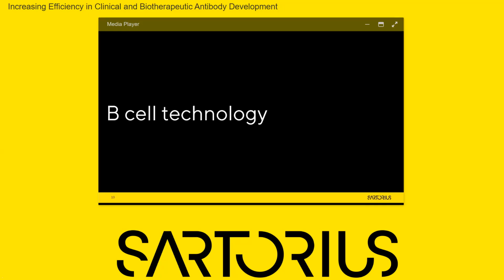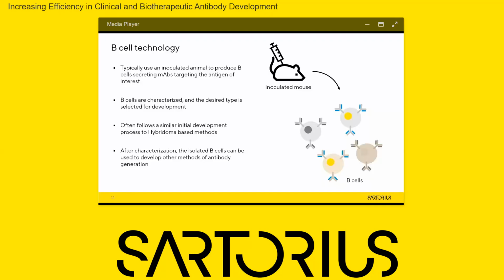On the next couple of slides, we'll have a little look at B cell technology. Similarly to how the B cells are harvested for hybridoma production, in order to collect B cells for other types of B cell technology, an animal such as a mouse is usually inoculated to start producing B cells that target the antigen of interest with their produced monoclonal antibodies.